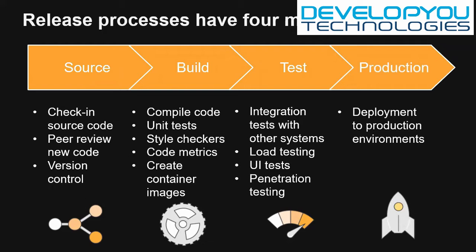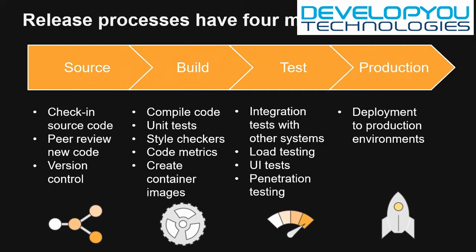Basically, once the team finalizes the requirements, they start development, then check in the source code, peer reviews, and version control. Once the coding is completed, we start building and then check the coding standards as well as the unit test results.